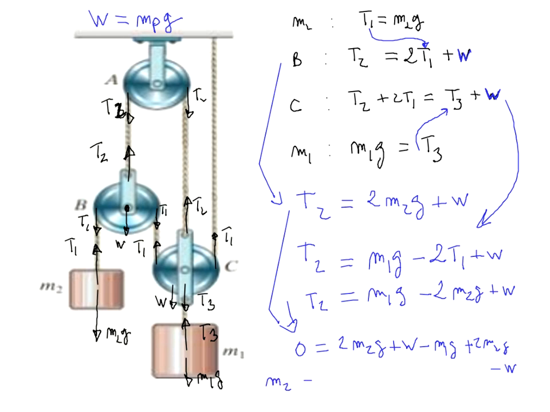So M2 will be, hey, look at that! So obviously in this case, the result is the same. M2 is exactly the same with massive or massless pulley because the W disappears. What a beauty. So we have M1G divided by 4.